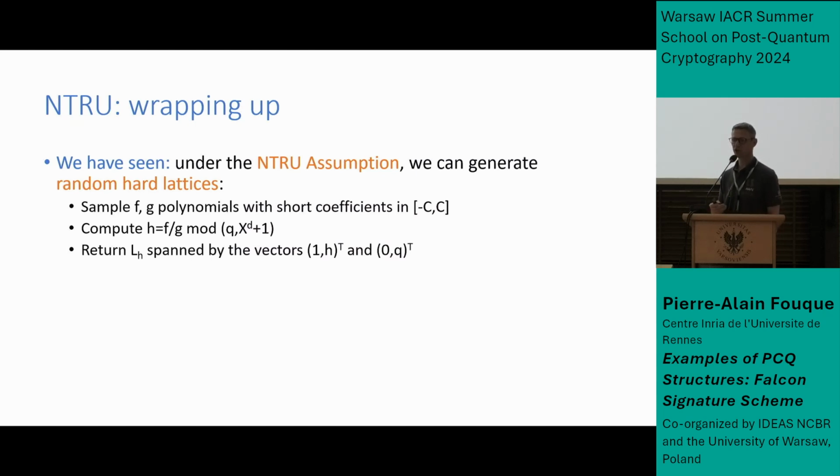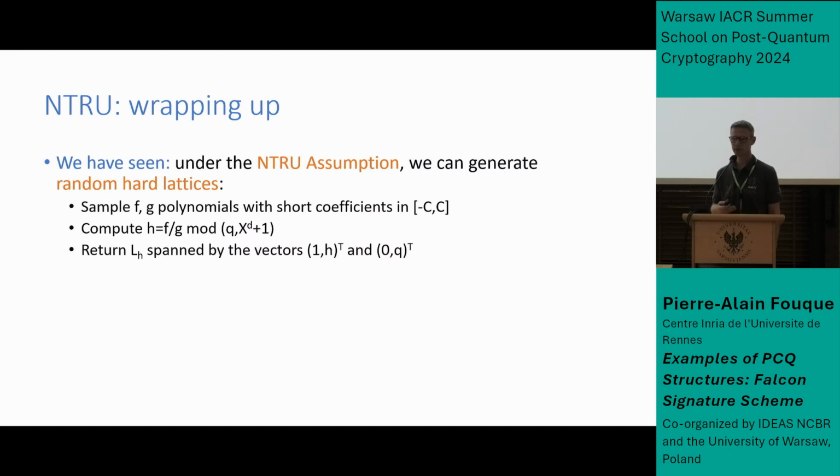So we can, in fact, generate hard random lattices. So the idea is just to begin with two small polynomials. You just divide f by g, mod p, and mod the polynomial x to the d plus 1.